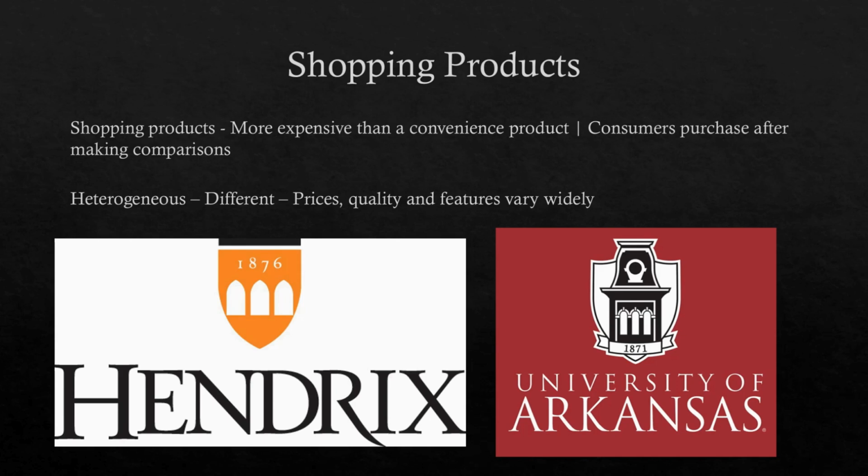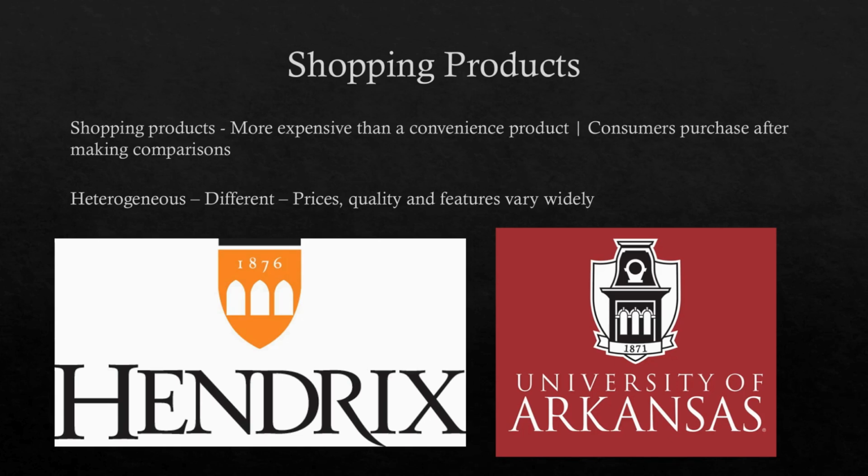A different example of heterogeneous products is clothing and vehicles. What you prefer to wear might be vastly different from some of your friends. The vehicle you choose to drive might be very different from someone else's vehicle.